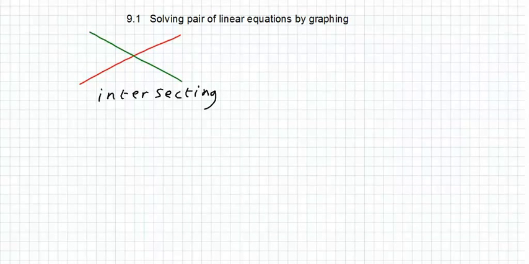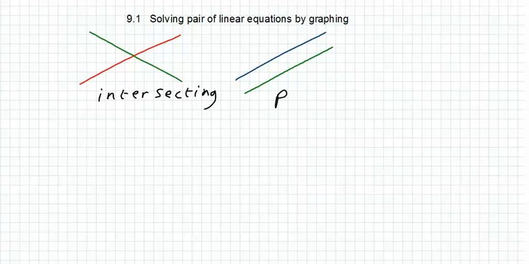And any two lines may be parallel lines. They do not intersect, so we say that they are parallel lines.